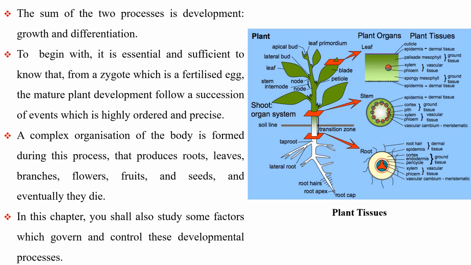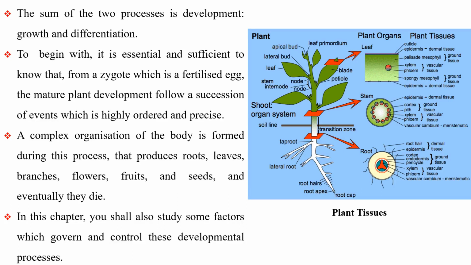The sum of the two processes is development: growth and differentiation. To begin with, it is essential and sufficient to know that from a zygote, which is a fertilized egg, the mature plant development follows a succession of events which is highly ordered and precise.